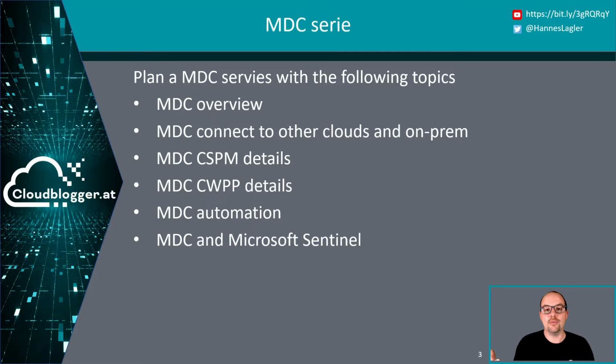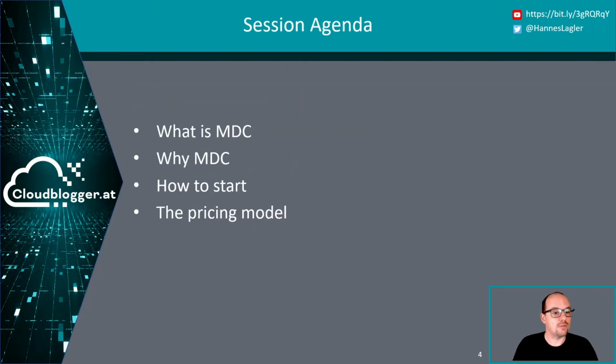And at the end, we will cover how you can send the alerts from Microsoft Defender for Cloud to the centralized SIEM system, Microsoft Sentinel. Okay, so this is the future. I guess these are planned videos in the next few weeks or months. And today we are starting with Microsoft Defender for Cloud, an overview.